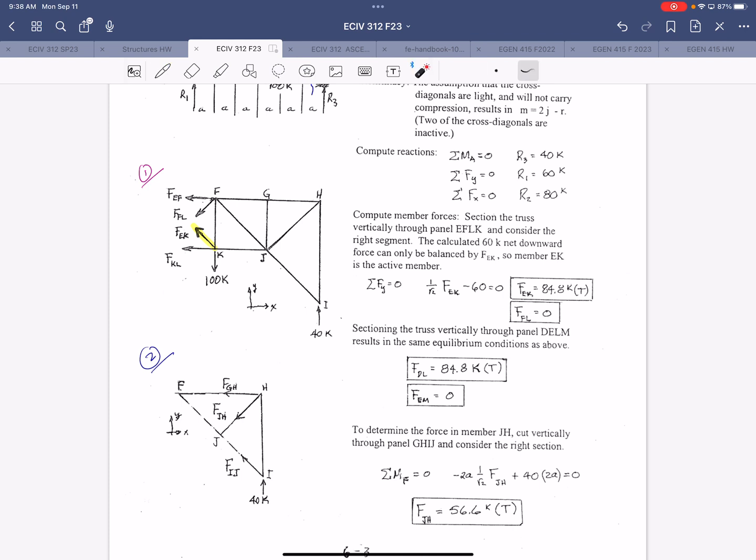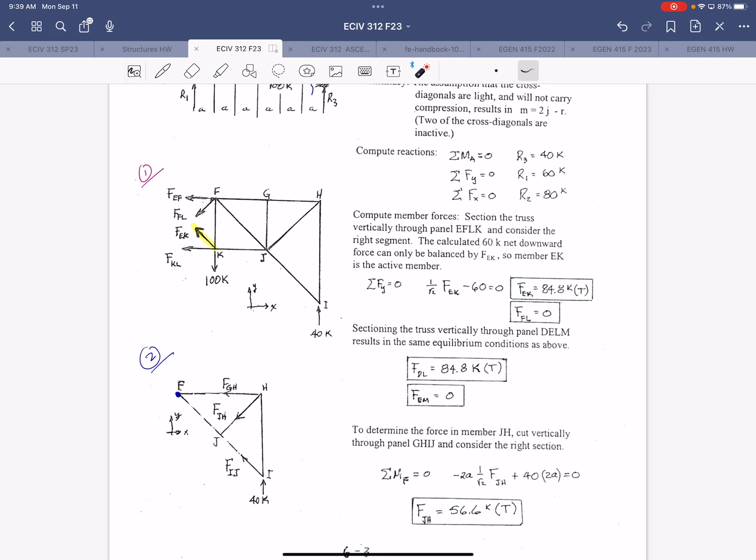But what is convenient about this cut is that 2 of the unknown forces have their line of action pass through point F, all right? So with that in mind, we can strategically choose to sum moments about point F and then directly solve for the force that we want in JH.